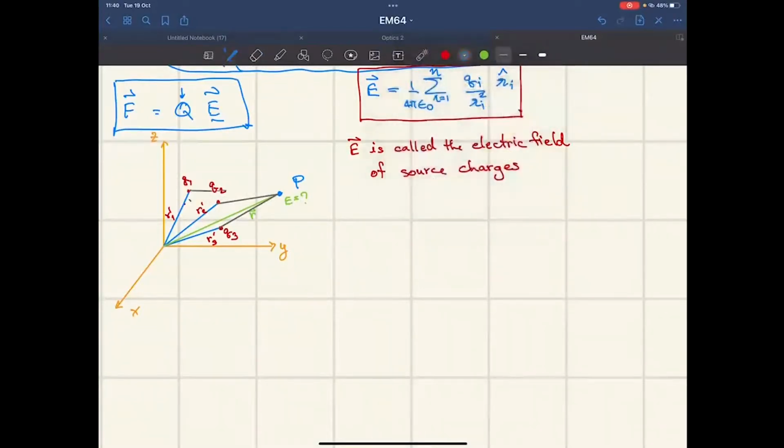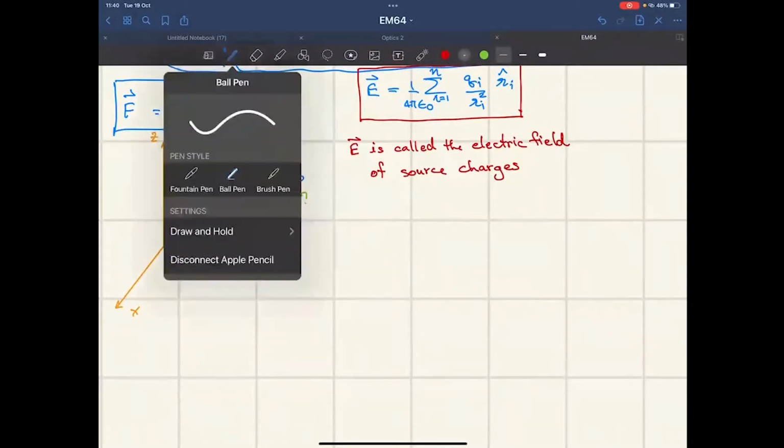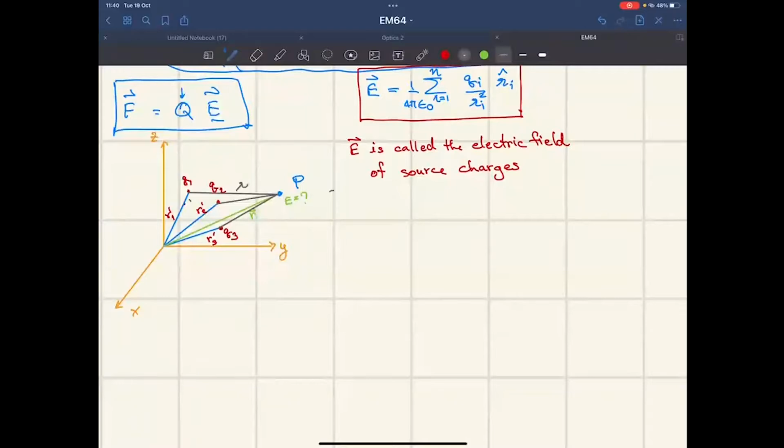This one is another vector here. So the gray line is the separation vector. This thing is r 1 here, this thing is r 2 here, and this thing is r 3.